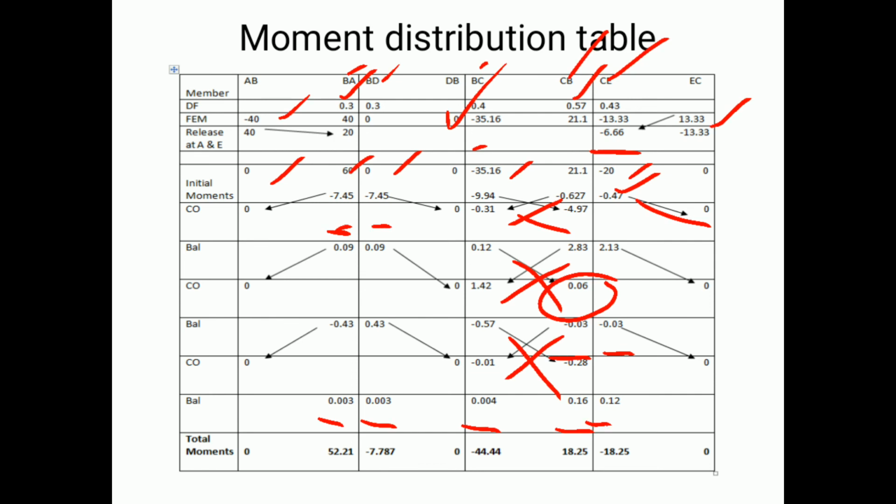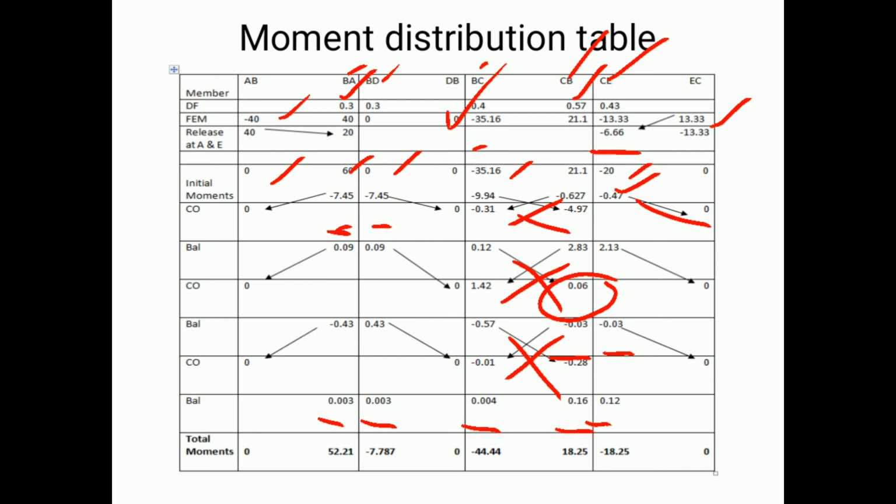So this procedure has to be repeated, so that the final balance should be of a very small quantity. Till then you are supposed to continue this procedure. At the last we get the total moments. We are supposed to add all the moments, carryover and balance, starting from the initial moment.